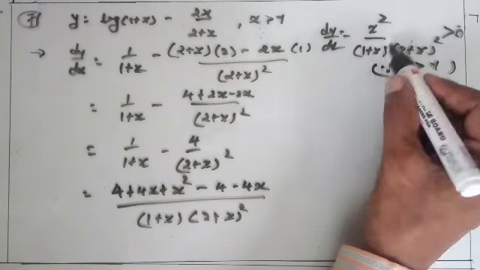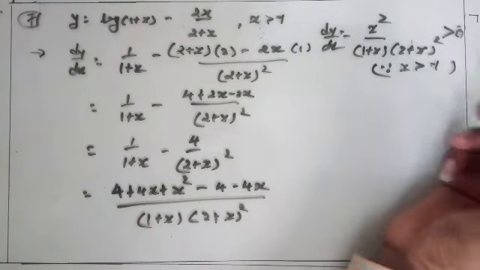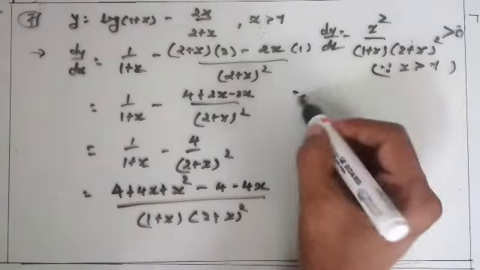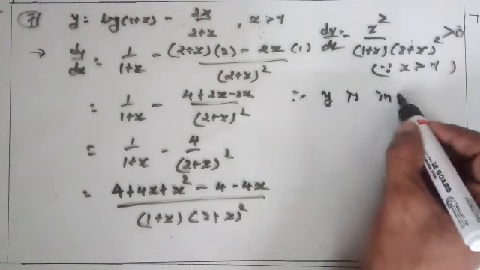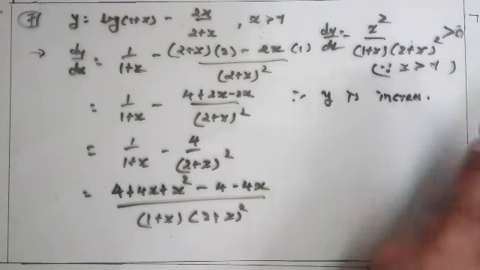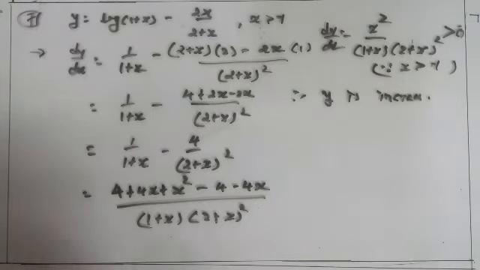So 1 + x is positive and the other terms are always positive with x² given. Therefore y is increasing throughout its domain. Okay. Now the remaining questions we solve in the next lecture. Okay.